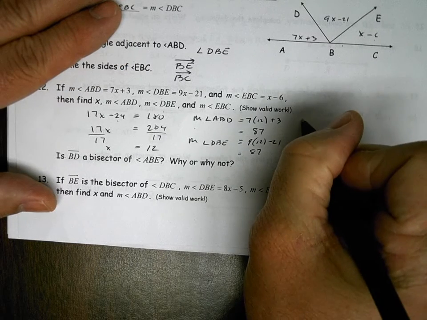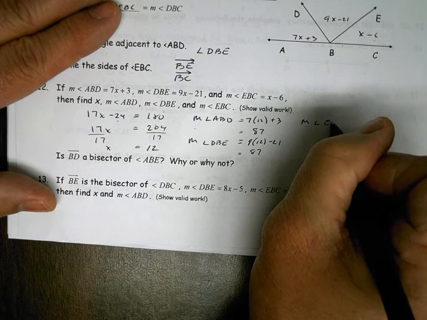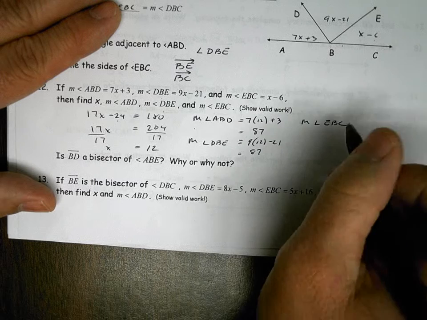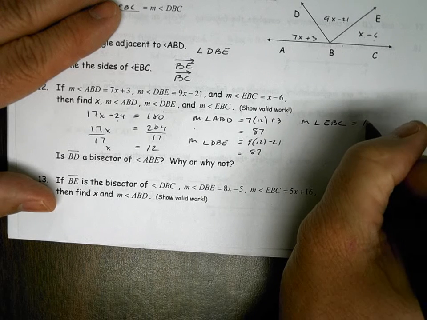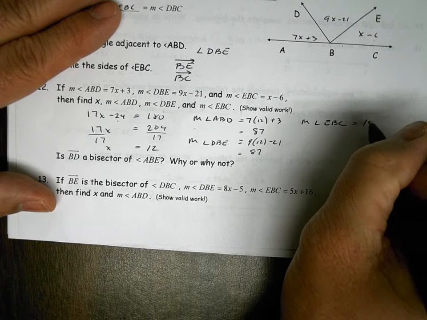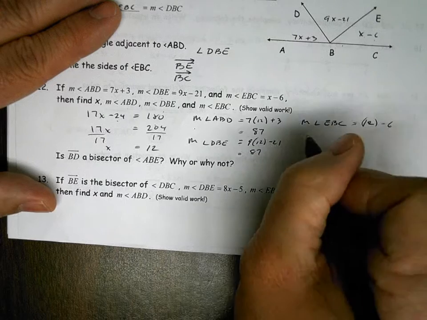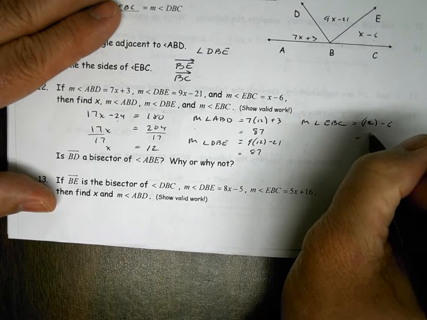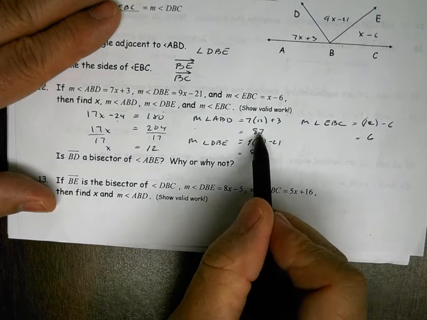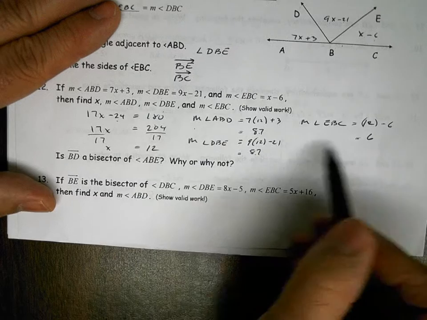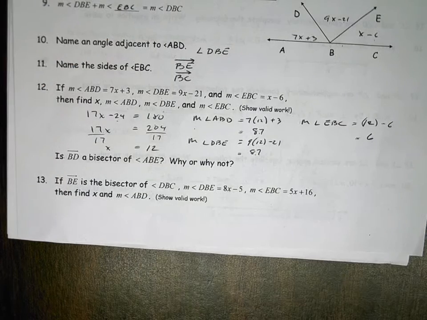And the measure of angle EBC should be 12 minus 6, so that would be 6. 87 plus 87 plus 6 equals 180, so it works out correctly.